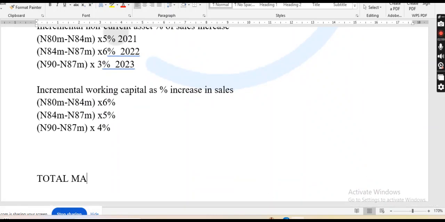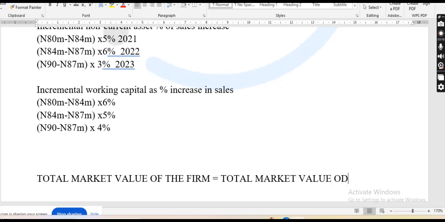Total market value of the firm is equal to your total market value of debt plus total market value of equity.